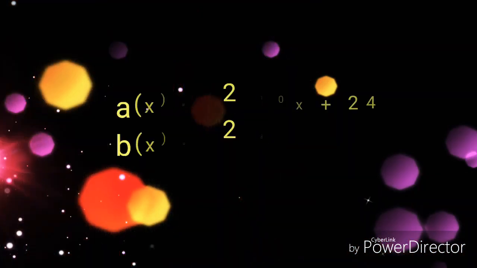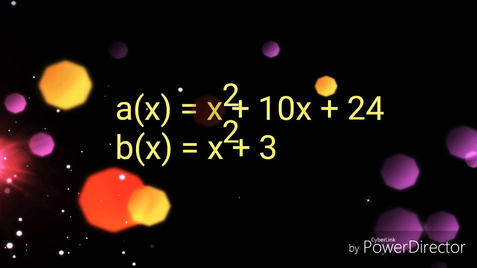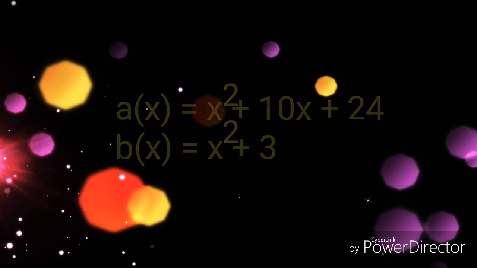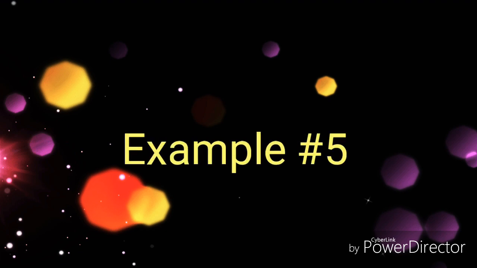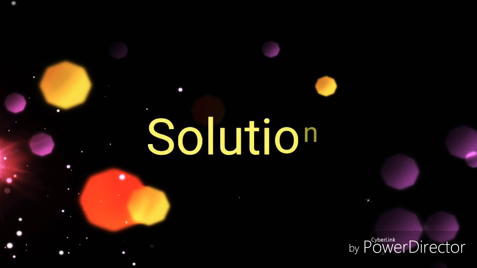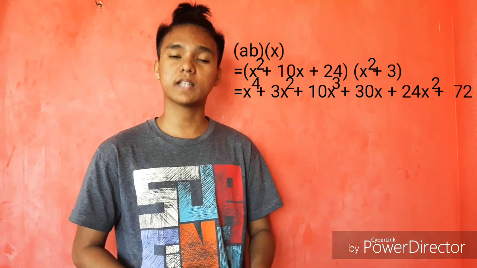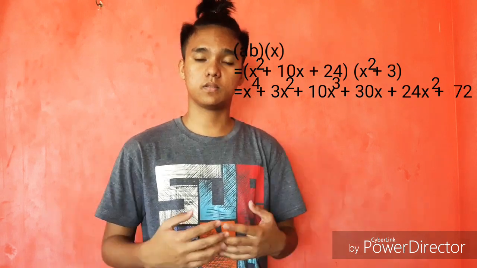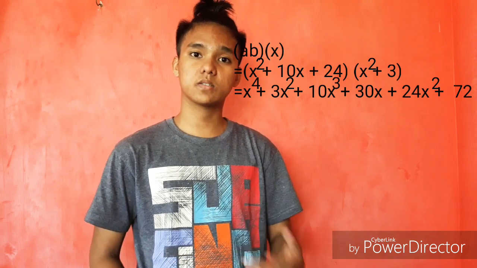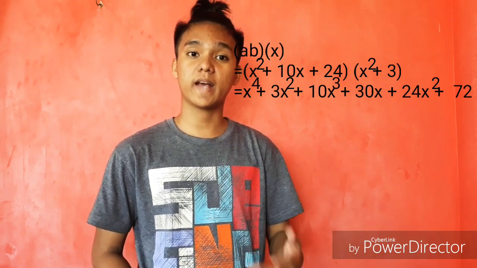Next is the product of a and b of x. AB of x is equal to the quantity of x squared plus 10x plus 24 times the quantity of x squared plus 3. Let us distribute it. X squared times x squared is x raised to 4.